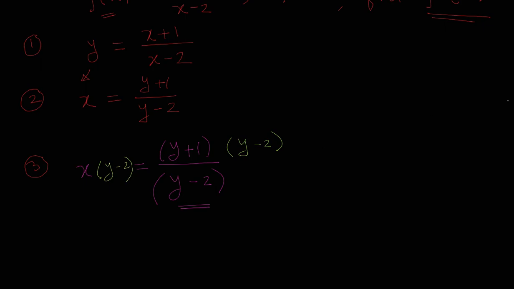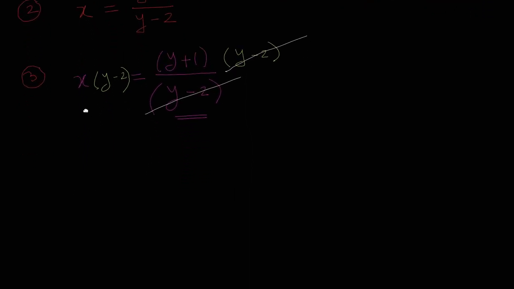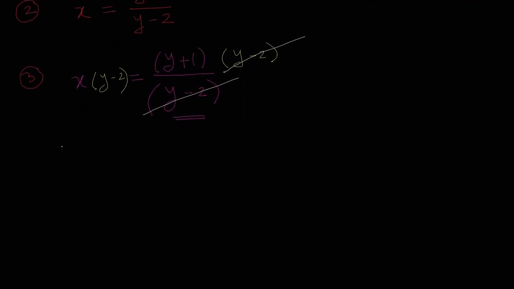On this side, y minus 2 and y minus 2 cancel each other out, so I am left with x multiplied by (y minus 2) equals y plus 1.